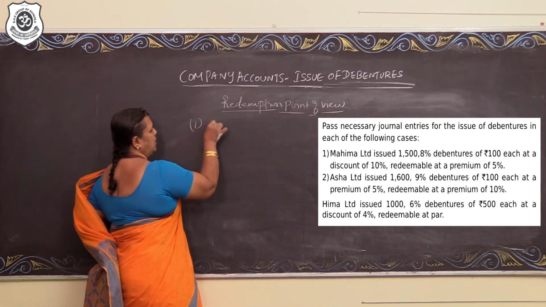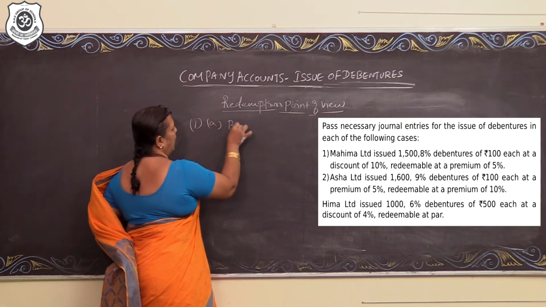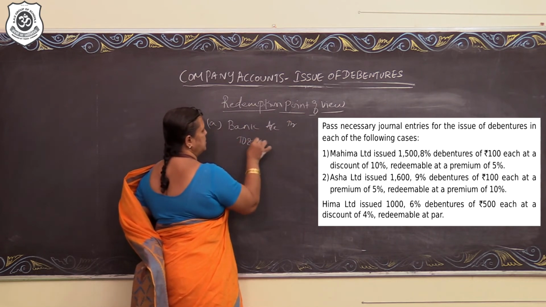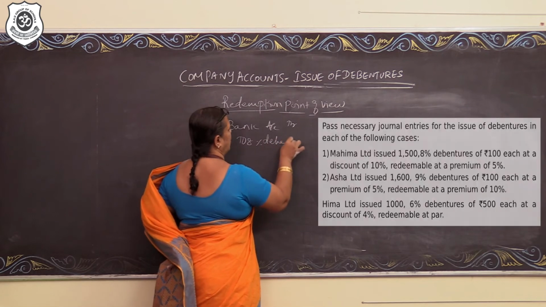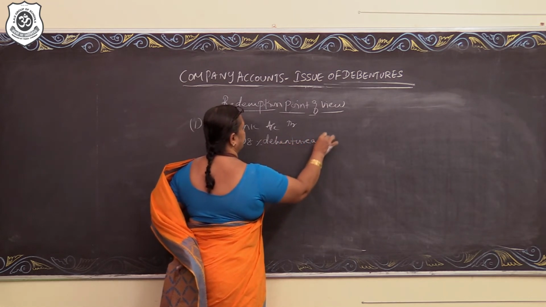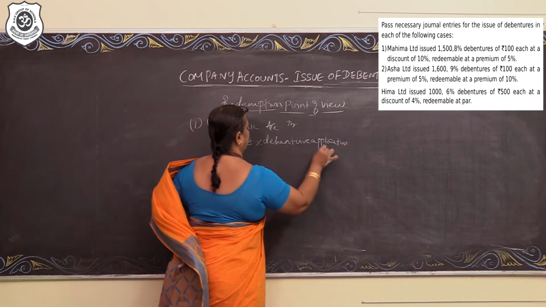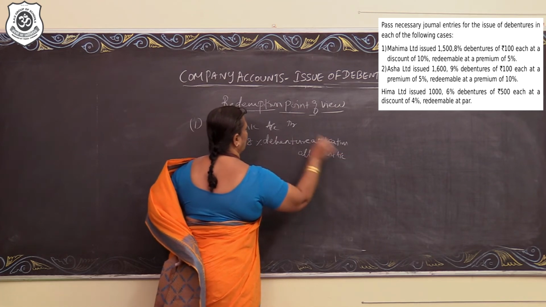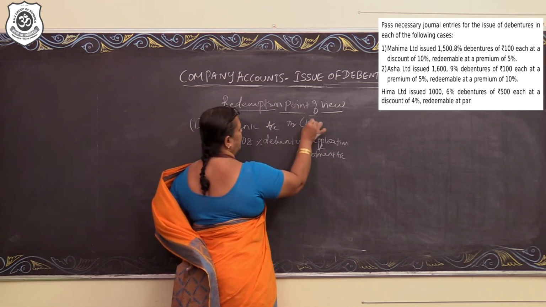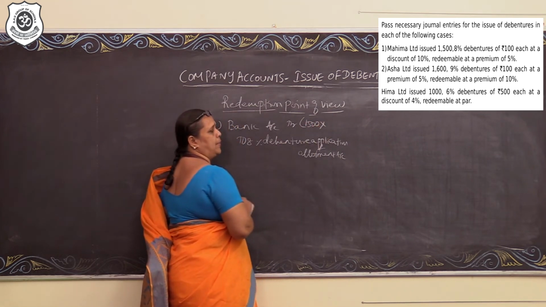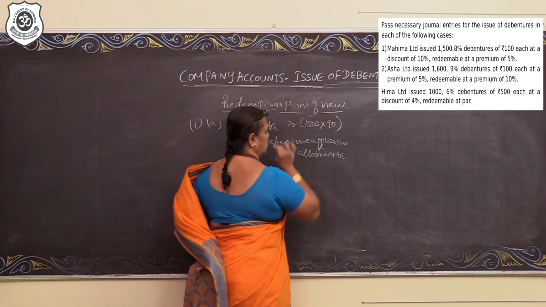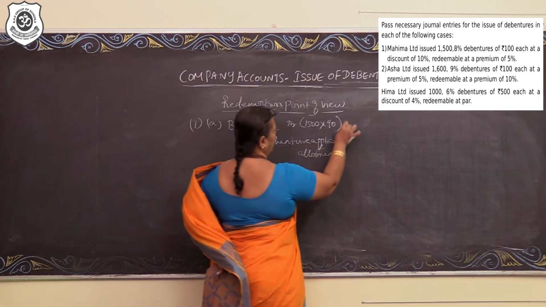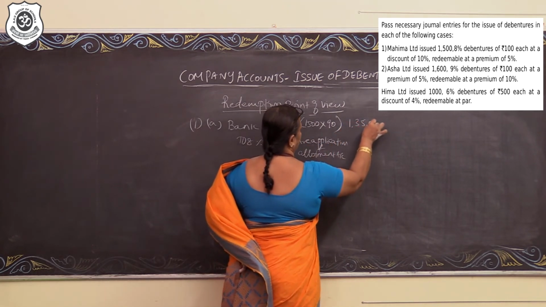So problem number 1A, entry number 1, bank account debit to 8% debenture application and allotment account. So you will have 1,500 debentures into, please remember they are issued at a discount of 10%. So the nominal value of the debenture now becomes 90 rupees. So you will get 1,35,000.